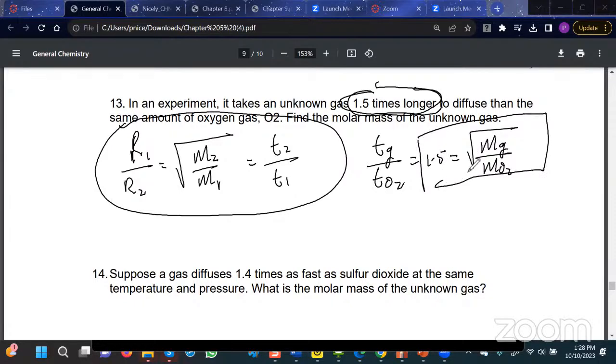So this is basically what you're going to use right here. 1.5 is equal to the square root of the molar mass of the unknown gas divided by the molar mass of oxygen. The aim is to get the molar mass of the unknown gas. So how would you get that from that relationship that you see here on the screen?